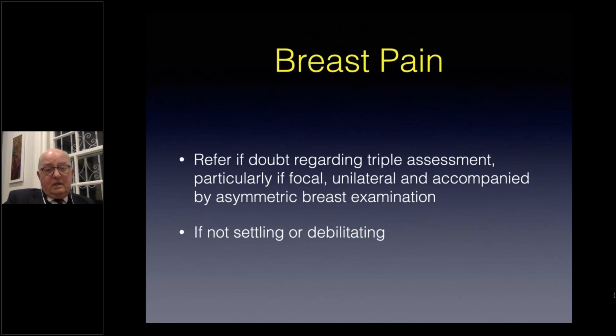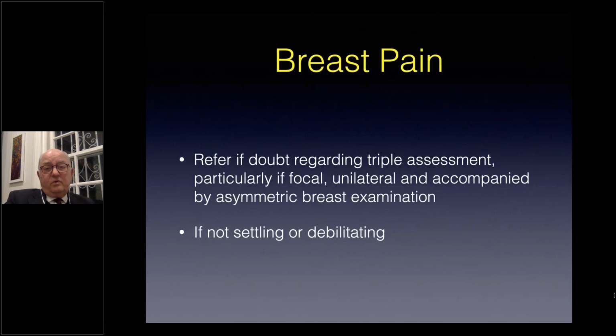The other group, I think, if you've got any doubt regarding a triple assessment, if it's been performed, and particularly if the patient's complaining of very focal unilateral symptoms or any sort of asymmetric breast examination, you need to get that looked at.